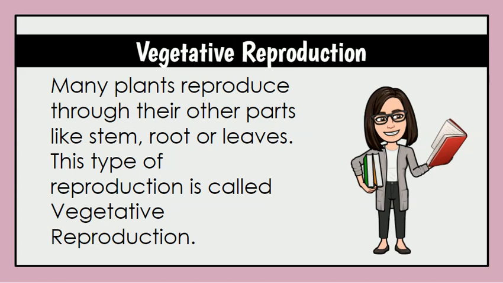And when plants are reproduced through these vegetative parts, the method is known as vegetative reproduction. So we can say that the type of reproduction in which a new plant arises from some part of the plant without the involvement of seeds is called vegetative reproduction.